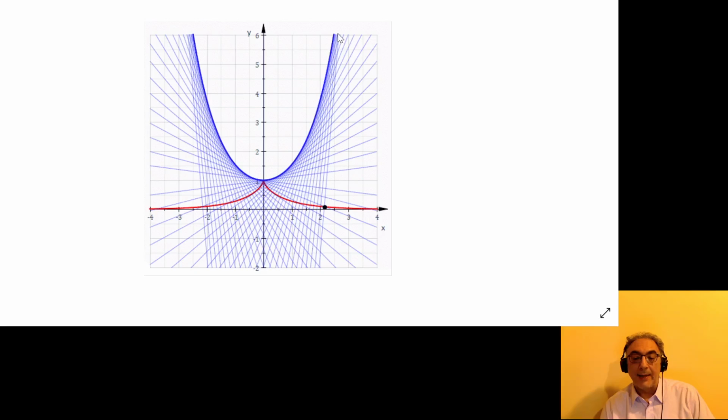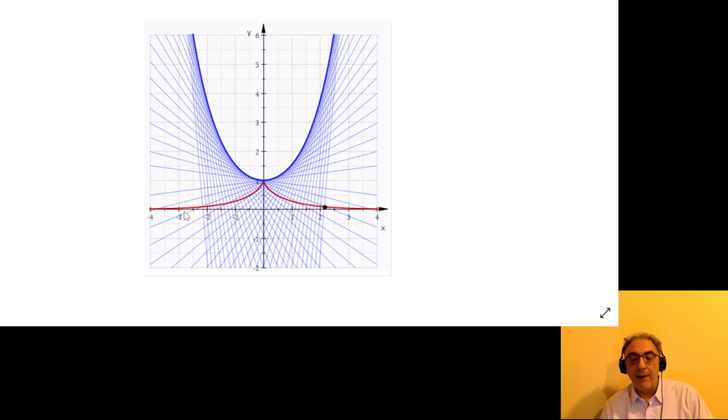Geometrically, this is characterized at each point by the tangent, as usual, the velocity, and the normal, the perpendicular to the tangent. We invert the roles and we end up with the complementary curve of the catenary.